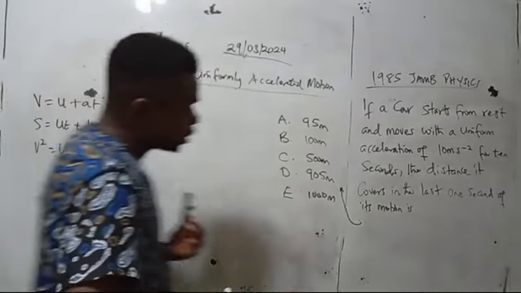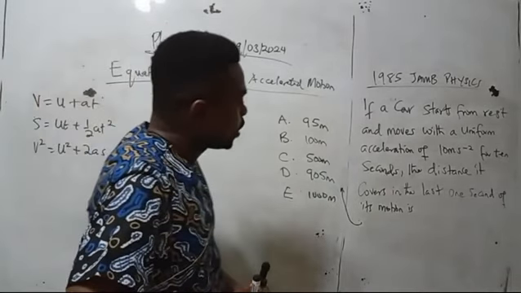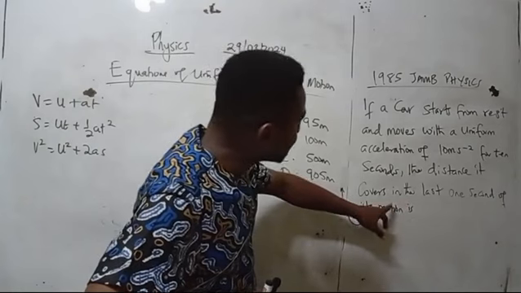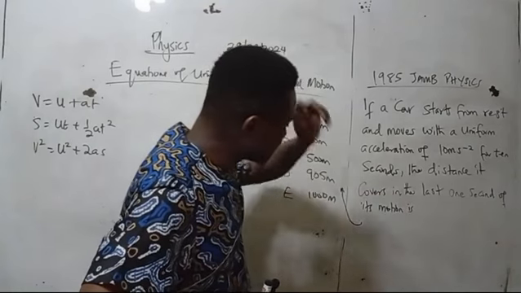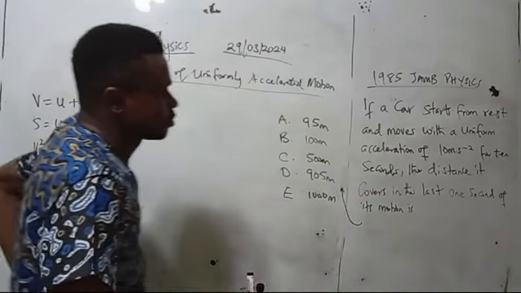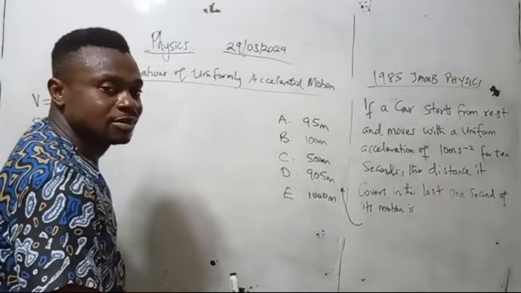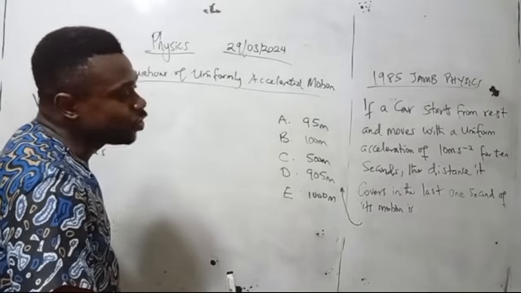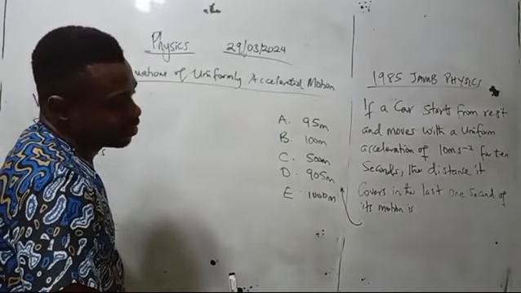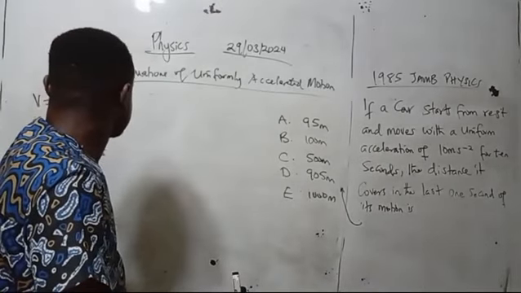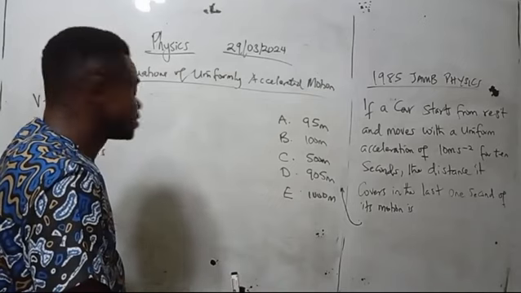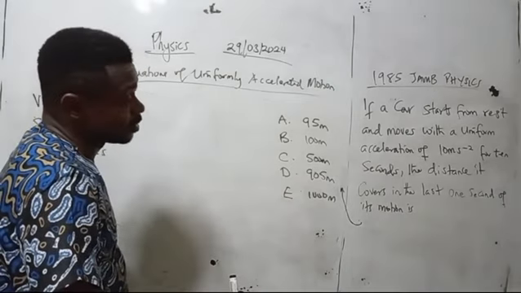So the question now says to find the distance it covers in the last 1 second of the motion. The last 1 second of the motion. So what does this tell us? It says something.